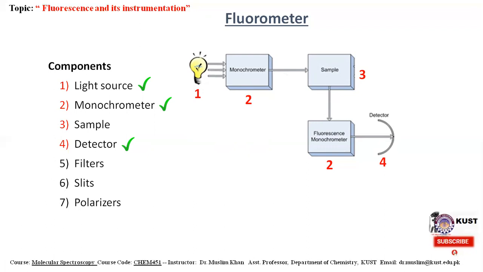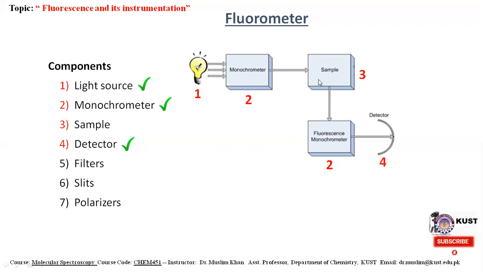So it means that in a fluorometer there are basically two monochromators used. One isolates all the unwanted light coming from the light source. So this is the excitation monochromator, and this is the fluorescence, or emission, monochromator.